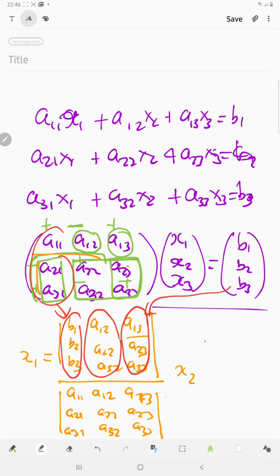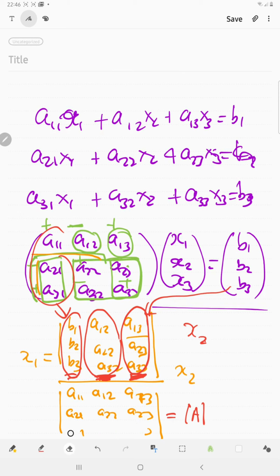At the end of the day, this is the modulus of A, and you adjust wherever the values are, so if it is x2, you substitute only this part with the b's. If x3, you substitute that one with the b's, so that in the process you are able to determine the value.